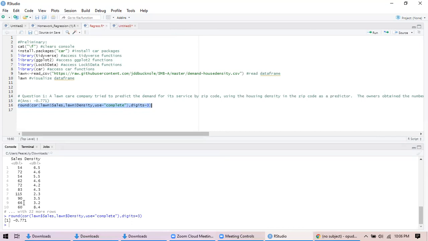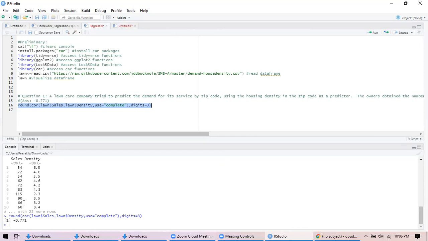So that's why the correlation is negative. Does that make sense? That's why it's negative 0.771. So when the sales increase, the density will decrease.